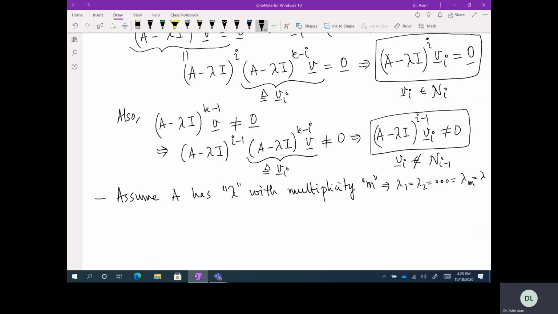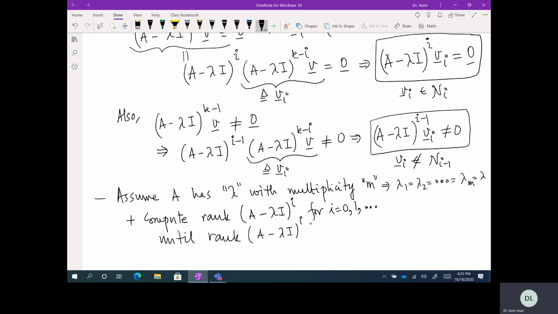So you have m eigenvalues of the same lambda. So this is the algorithm: we compute the rank of A minus lambda I raised to the power i, for i equals 0, 1, and so on. This continues until the rank of A minus lambda I to the power i equals n minus m.